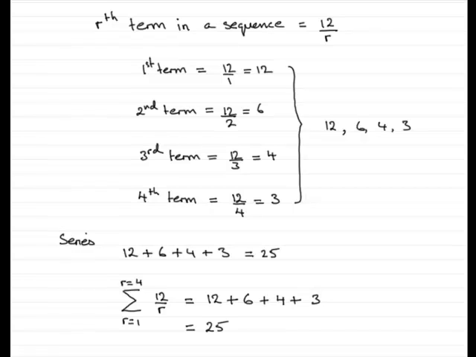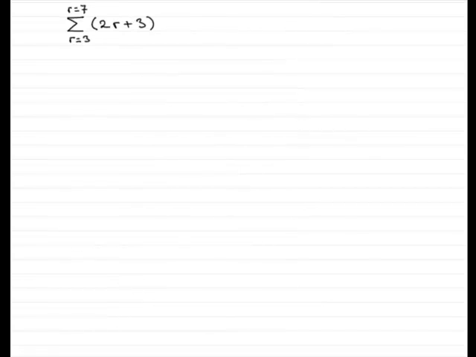Now what I want to show you now is some more examples that use sigma notation and also to introduce you to some algebraic results. Now in this next example we've got sigma of 2r plus 3 going from not r equals 1, but in this particular example r equaling 3 to r equals 7.